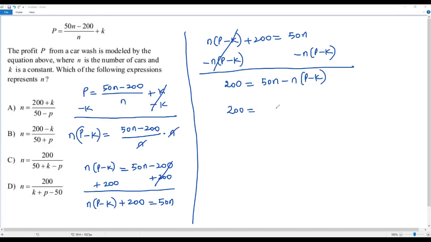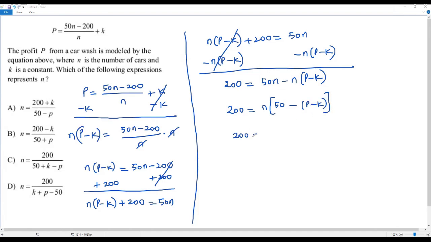Okay, 200 equals, now let's look at this one and this one. Both the terms have the greatest common divisor n, so we can factor n out. When n is factored out, to get the stuff inside the parenthesis, we have to divide both the terms by the one I factored, that is n. When I divide this one by n, I'm just getting 50. When I divide this one by n, I'm getting negative of (P − k).